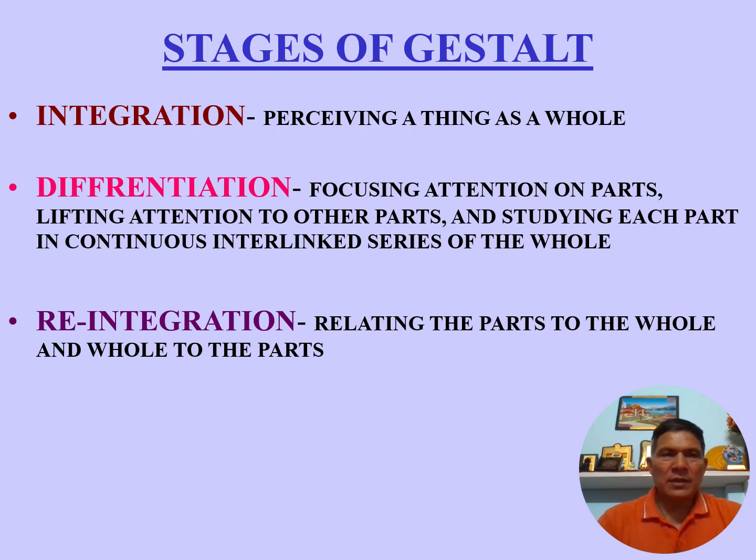Third is reintegration, that is relating the parts to the whole and the whole to the parts. So everything has to be analyzed in toto so that the candidate reaches a conclusion about exactly what the particular thing is, and this is what we talk about as stages of Gestalt.